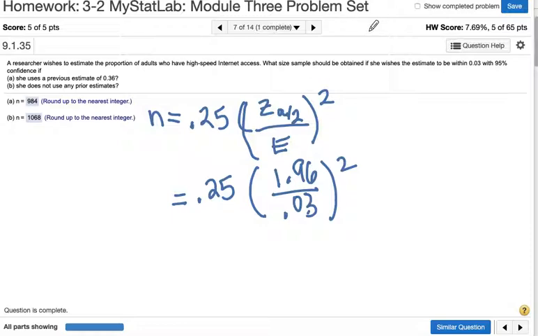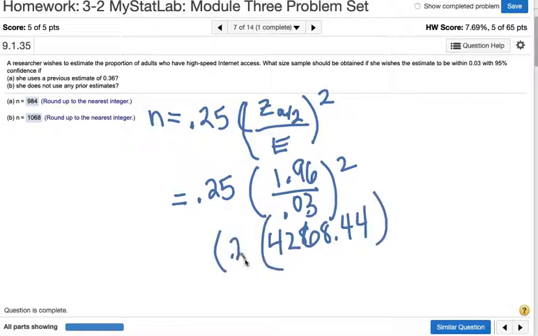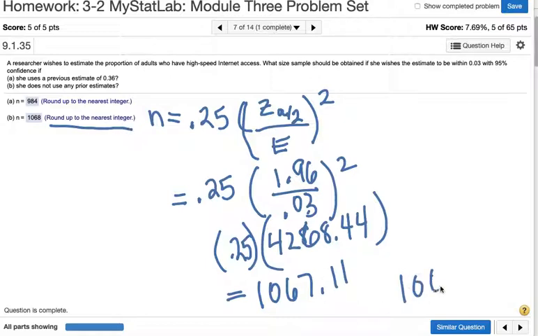Then I square that, and I get 4,268.44, and then multiply that by 0.25, and I'm coming up with 1067.11, and of course round up to the nearest integer, so 1068, and that would be the answer.